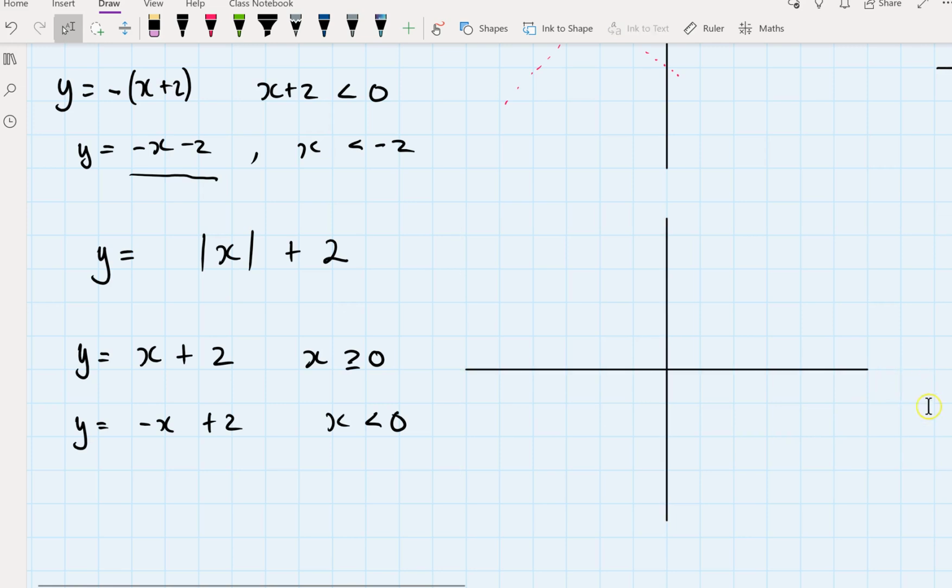So here's a set of axes. And let's do it red this time. So x plus 2 when x is greater than 0. So I'm going to have a point over there, I'm going to have a point over here, I'm going to have a point over there, and so it's going to continue out that way. I can recognize that as the graph that goes up there like that.